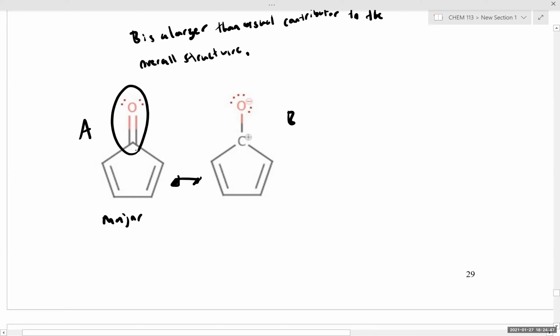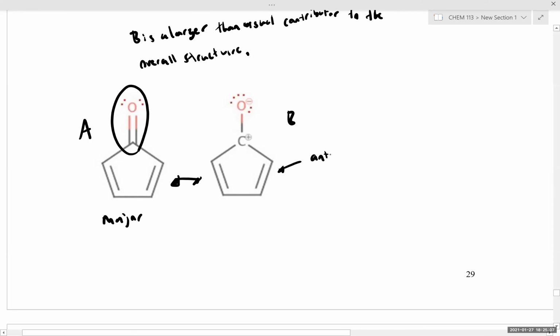This ketone isn't counted as part of the pi electrons. You only count electrons conjugated in the ring. But if we look at structure B, what's so interesting about structure B? What's so special about it? In a bad way. And is it anti-aromatic?